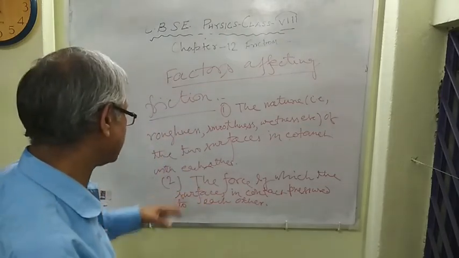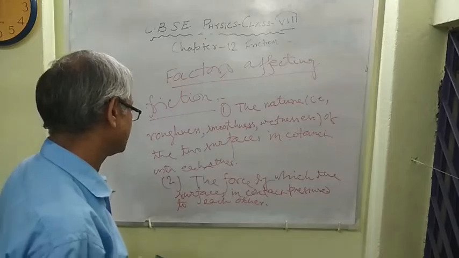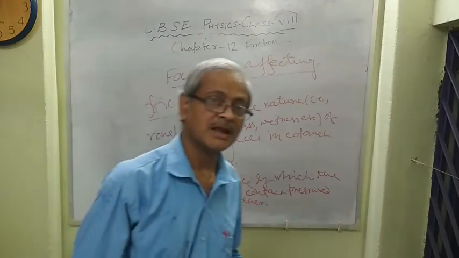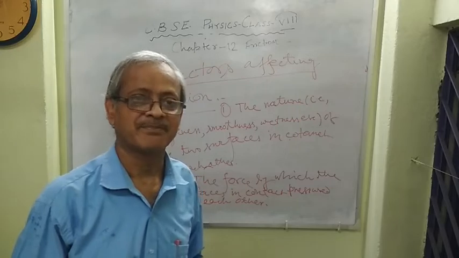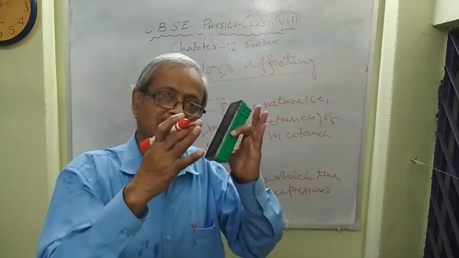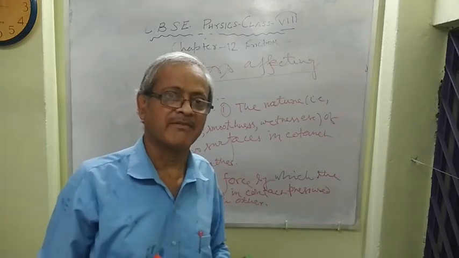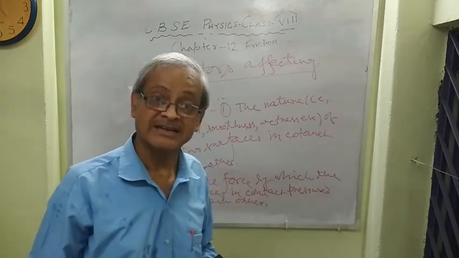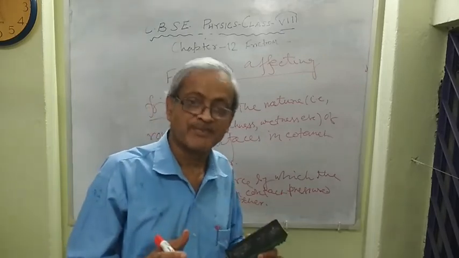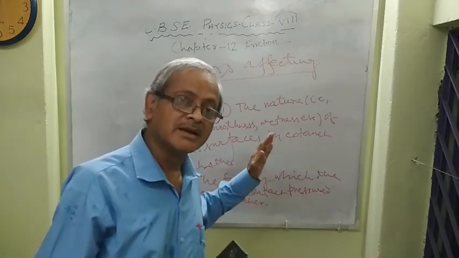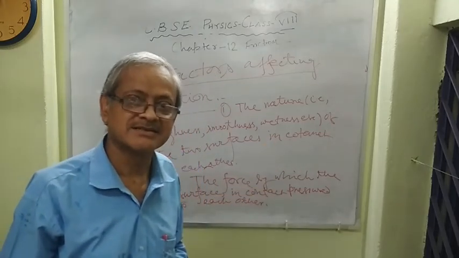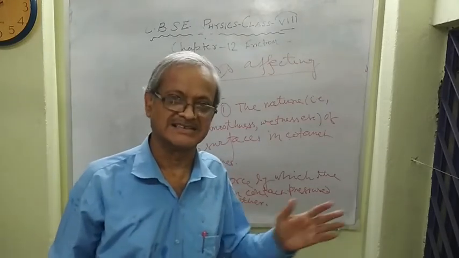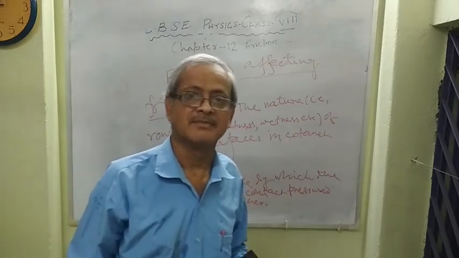If we take a heavy metal cube on a table, then the frictional force is greater than if we place a rubber ball or a wooden cube or cuboid of the same dimensions; in this case the frictional force will be less than earlier.